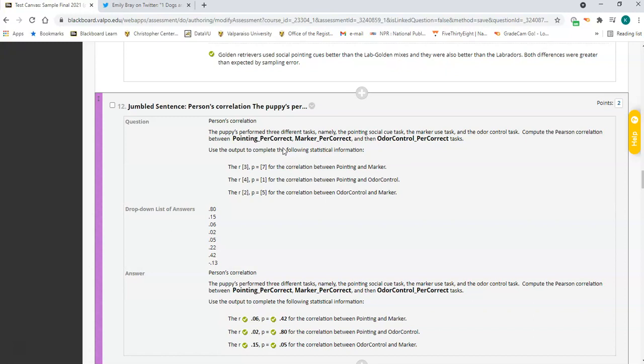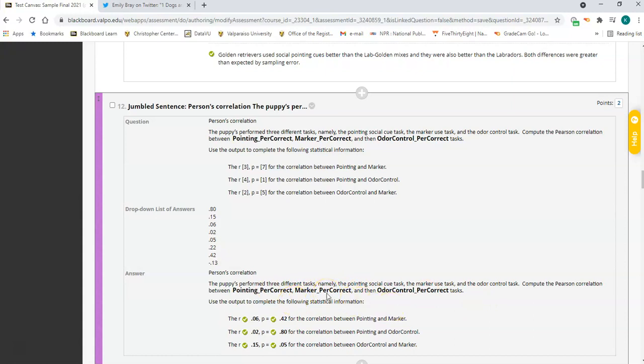In other words, if a puppy does well in the pointing task, do they also tend to do well in any of the other tasks? In this case, the marker task I showed you, or there's another task I didn't show you. It's called the odor control task. And so these are all measured in percent correct. And what we're doing is we're seeing if they're correlated here.